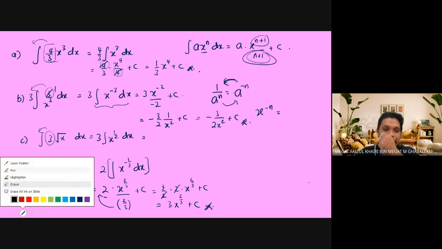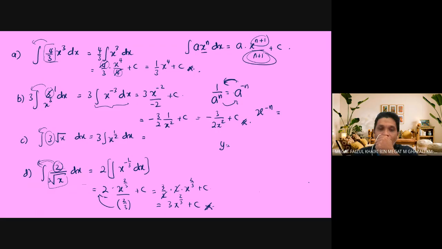So let's say if I have y equal to 3x to the power of 2 over 3, then y prime, or dy/dx, is 2 over 3 brought to the front, times 3 times x to the power of 2 over 3 minus 1, which is negative 1 over 3. So 3 divided by 3 equals 1. Then 2x to the power of negative 1 over 3, right? Yes.